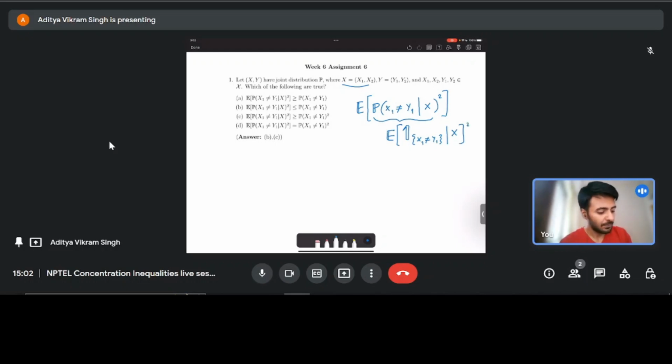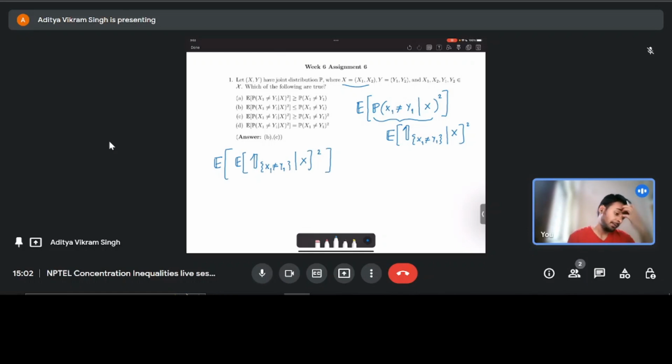So for all these options, the LHS becomes the expectation of this indicator of X1 not equal to Y1, given X, the whole square.